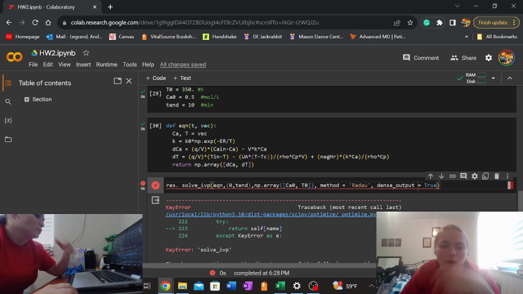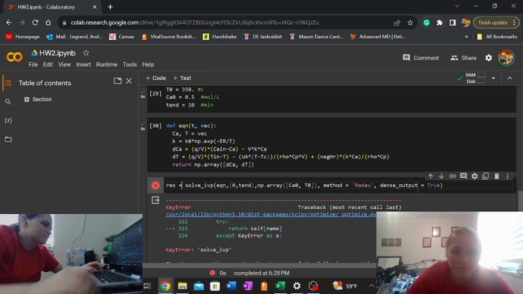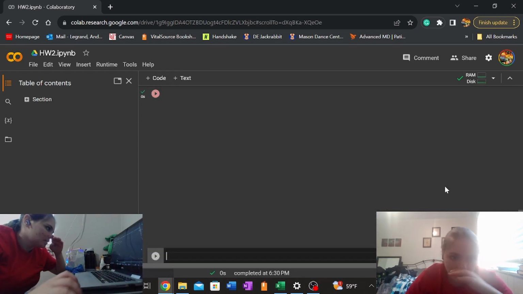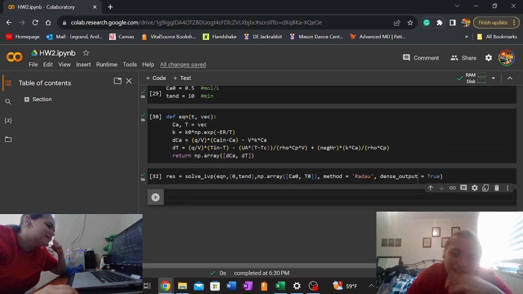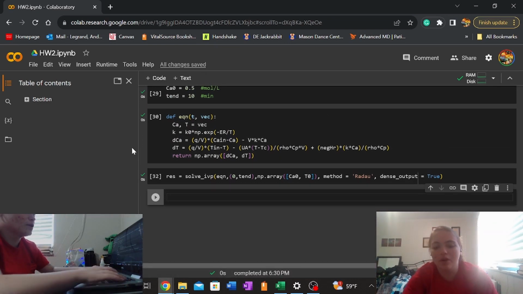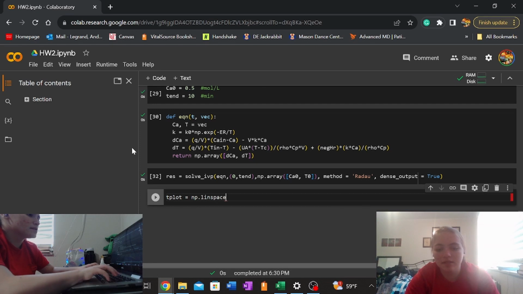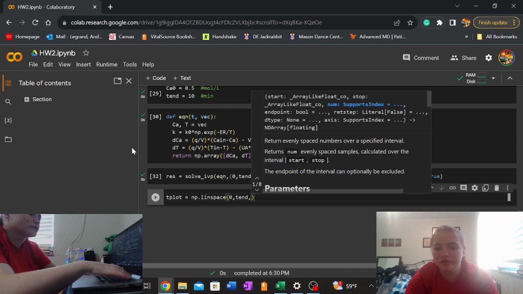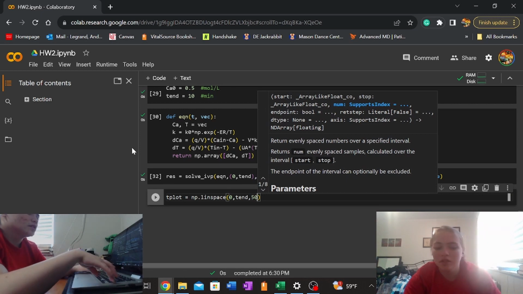Nope. Oh, I'm dumb. There we go. And so now we get to graph. So our t-plot is equal to np.linspace, and we have from 0 to t end, and let's do 50, I don't know.